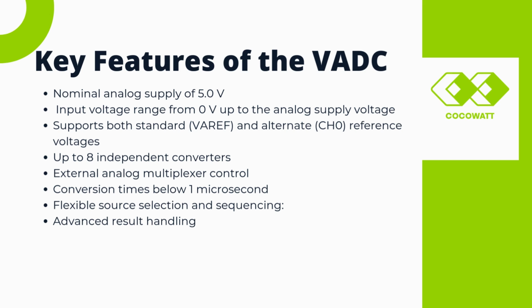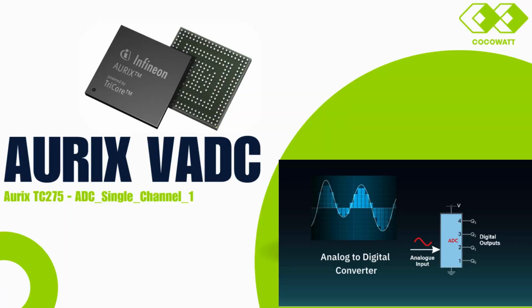It also provides advanced result handling capability, like selecting a result width of 8, 10 or even 12 bits, fast compare mode for quick threshold checks, and independent result registers. I hope you now have a clear understanding of the basic concepts of VADC. For a more detailed explanation, feel free to check out the previous video where I covered it in depth.